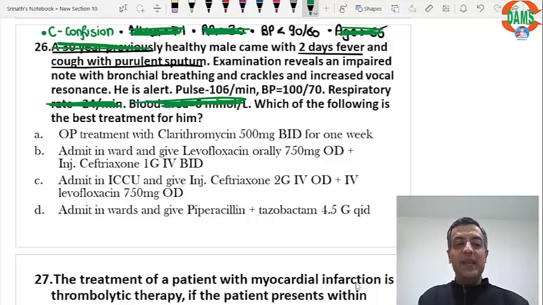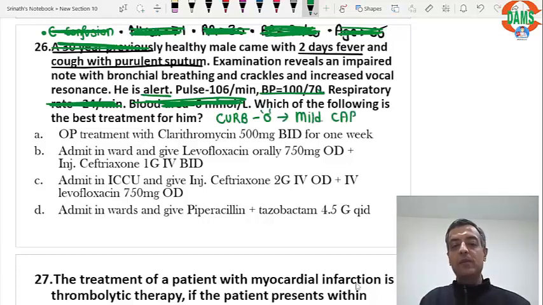And the patient is alert. There is no problem with confusion also. BP also is more than 90/60. So the CURB score in this patient is 0, indicating the patient is a case of mild community acquired pneumonia.